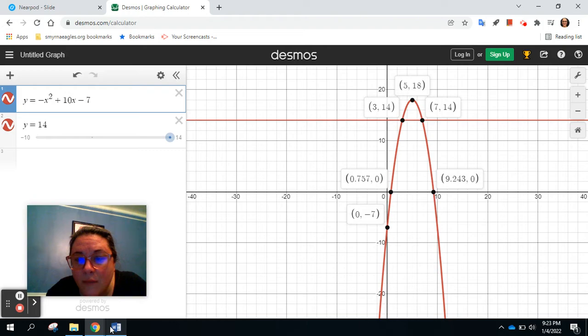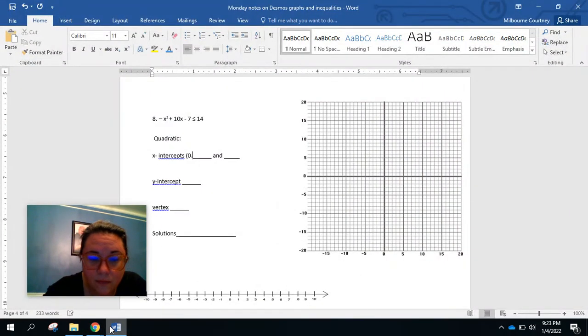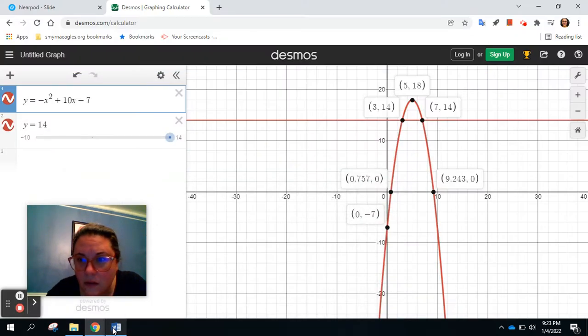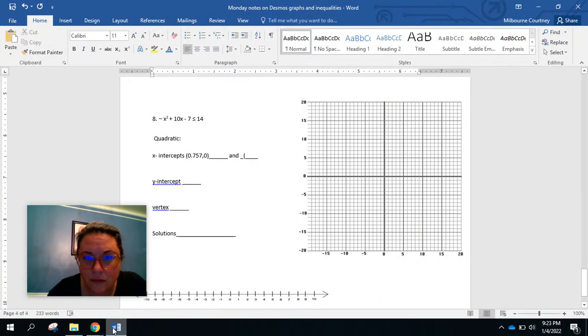All right. 0.757, comma 0, and 9.243, 0. All right, those are the x-intercepts. So when I put my dots down, I'm going to put them on here. Now, this is a tiny graph, but that's because we're dealing with 14. So we need a bigger graph.